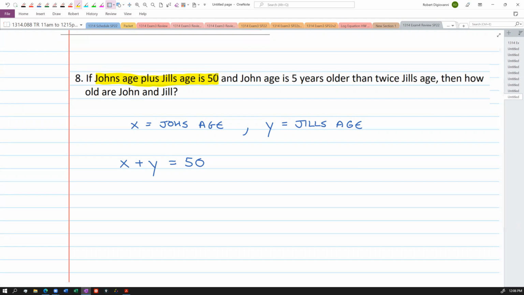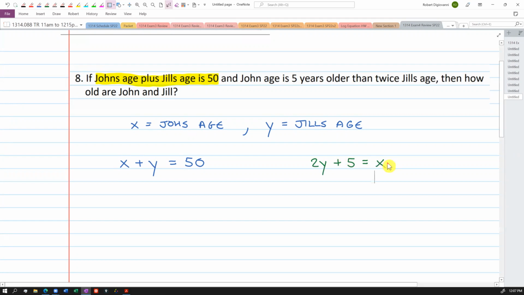Now, the next equation: John's age is 5 more than twice Jill's age. How could you write this as the second equation? 2y plus 5 equals x.